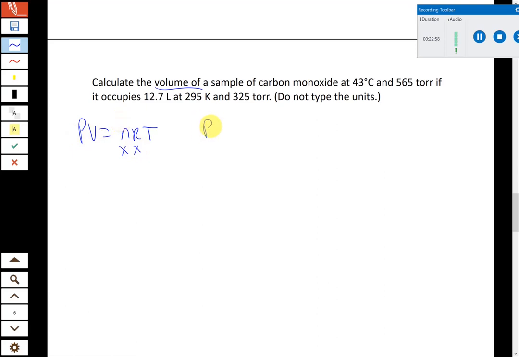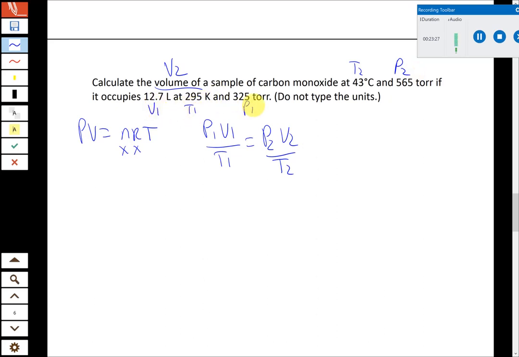So just like in the last problem, we're going to get this equation here, P1 V1 over T1 equals P2 V2 over T2, where we have initial and final set equal to each other, removing everything that's constant. What we're solving for is V2, where this is T2 and P2, and then what we have is V1, T1, P1.